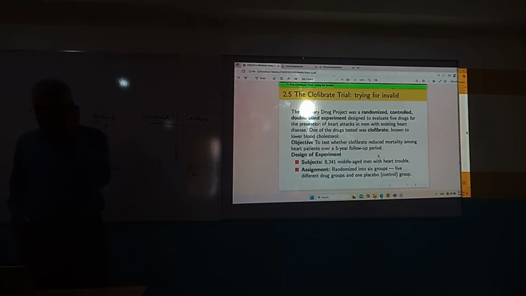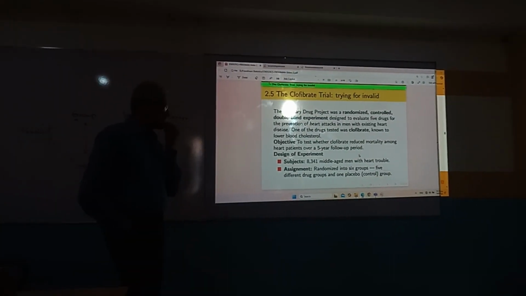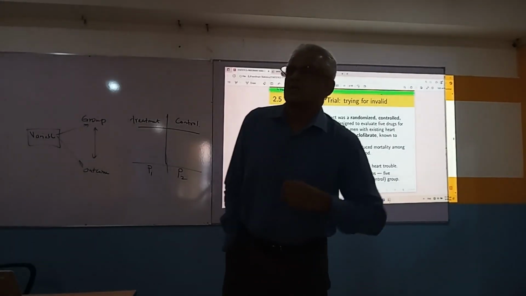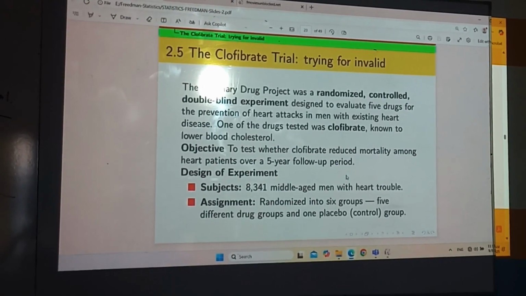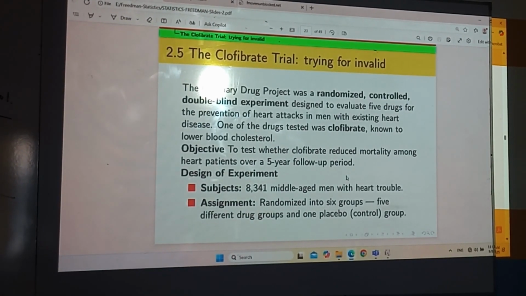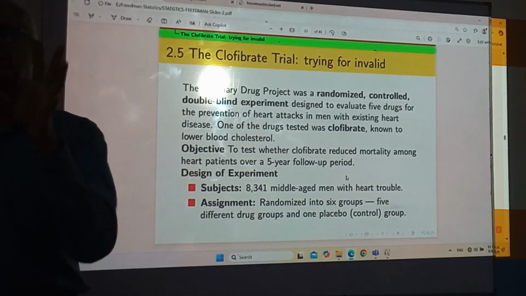Now let us look at another example where people have done a real randomized controlled experiment, but using that one they are trying to compare two things, and that comparison is not valid.